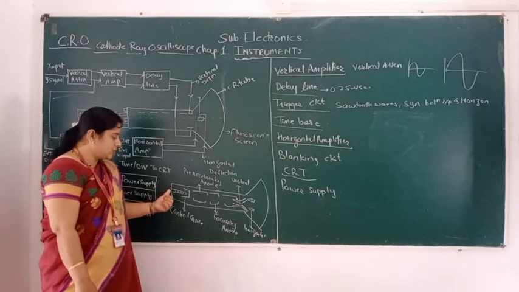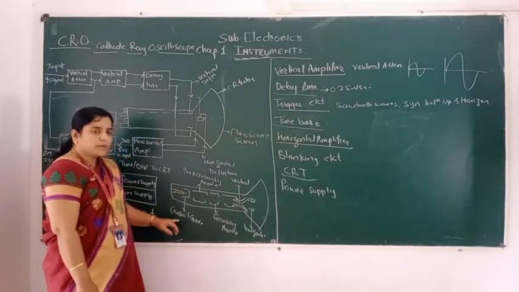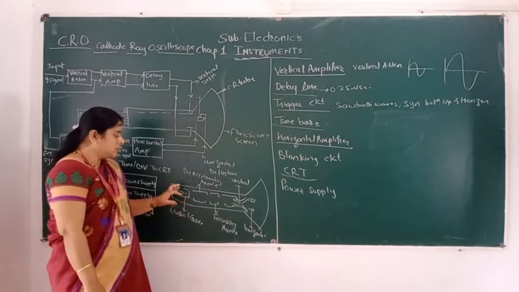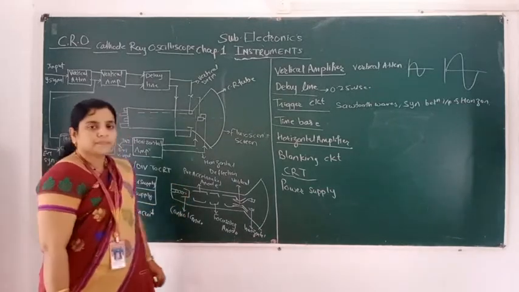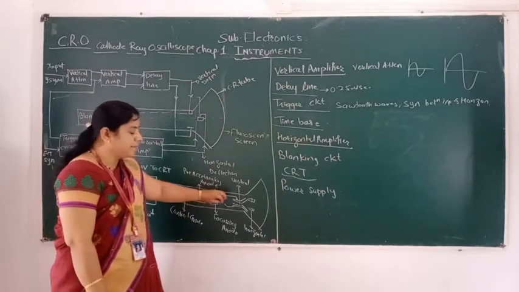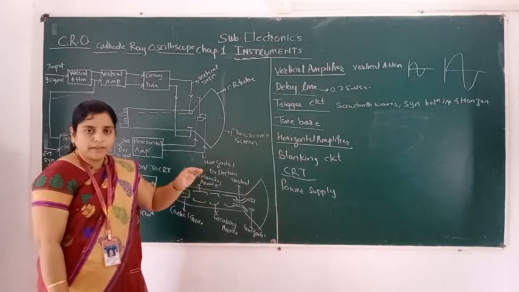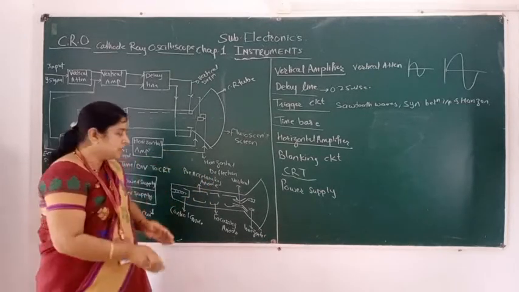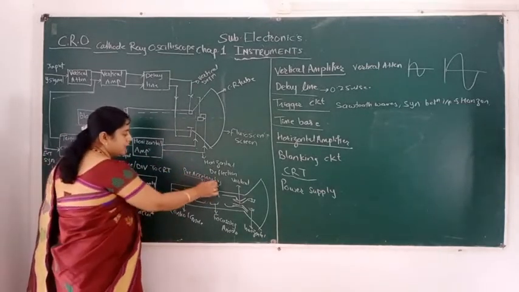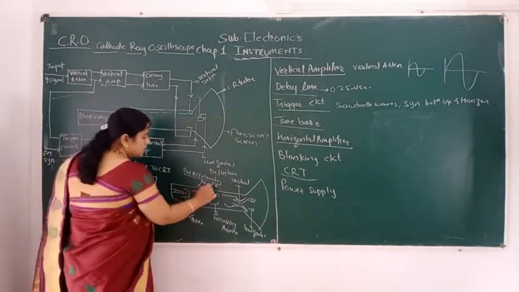When input is given to this filament, it starts heating because of the control grid, and then it produces the electron beam. And those electrons flow everywhere in the tube. It should not flow everywhere. It should be in the proper path. Therefore, this pre-accelerating anode is used, and this anode has a positive sign.